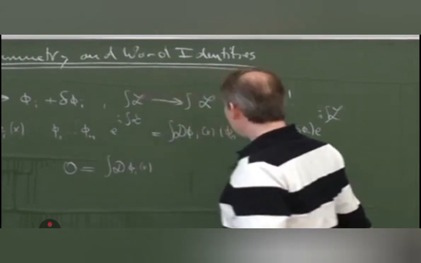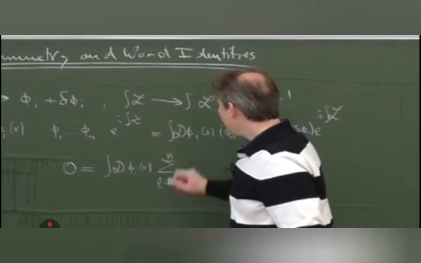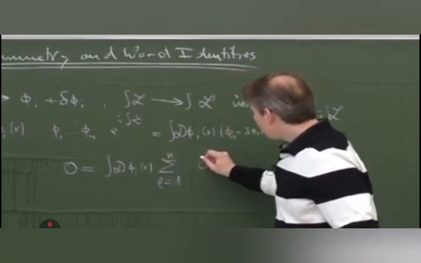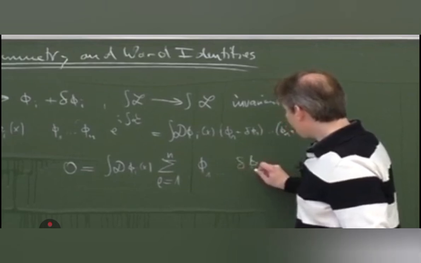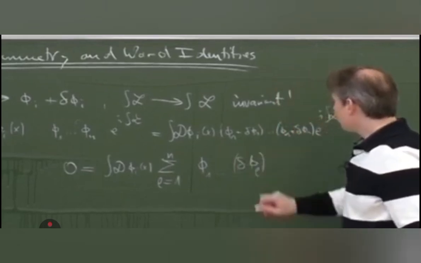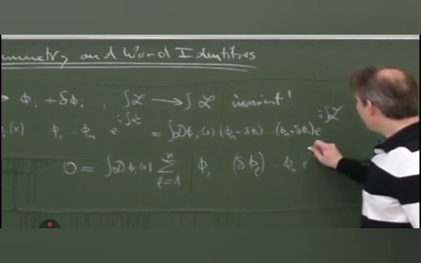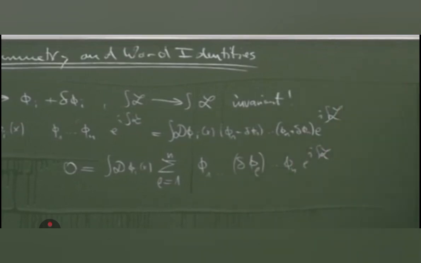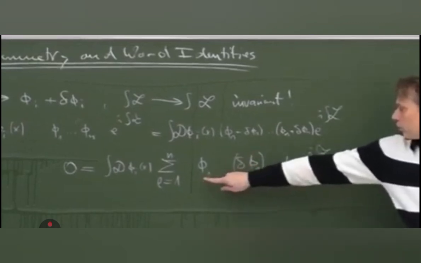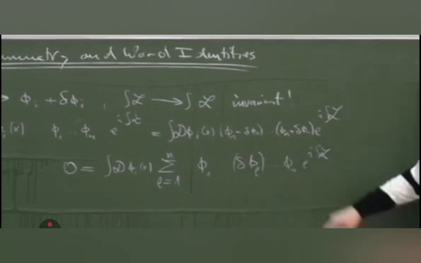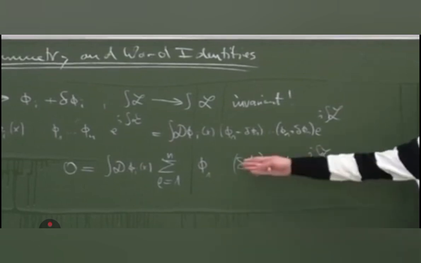Namely, we have here again a sum over l equal 1 to n, and then we have all the original fields, phi_1 and so on, but one of them is transformed to delta phi_l plus all the remaining ones times e to the i times the action. Okay? So we have a sum, and in the summation each of the phi's here is once transformed into delta phi. And the sum of all those expressions gives 0.